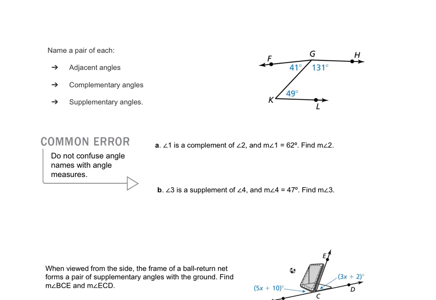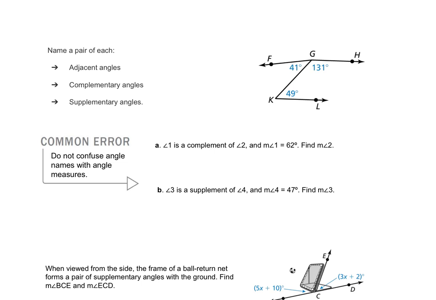Okay, this one's a little bit different picture, okay? Once again, it's asking the same three questions, but it's a little bit different identifying what we want. Okay, adjacent angles. Nothing has to be true about those two angles other than they share a side and they have a common vertex. So what would be a pair of adjacent angles here? What point would they have to share?